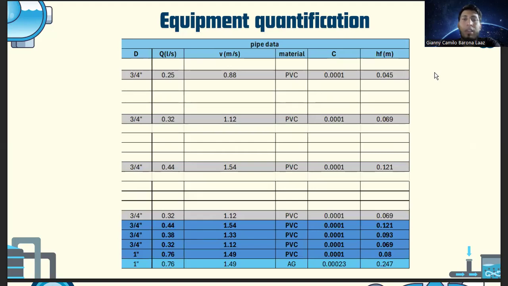And finally, we got the equipment quantification for pipe data, and we got the diameter, the Q, the velocity, the material. In this case, we got the PVC, and to get the HF for each node. In the first case, it was 0.0445.